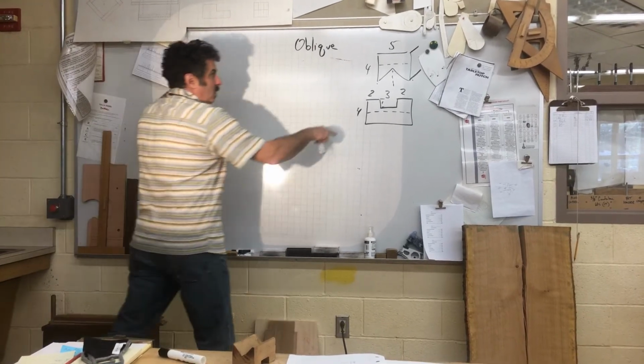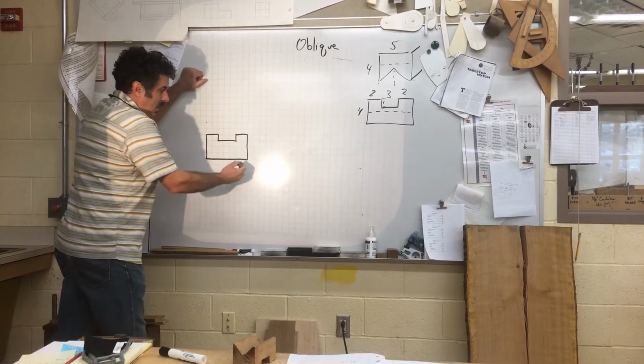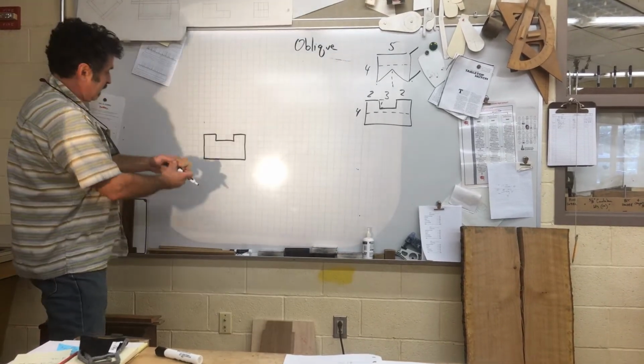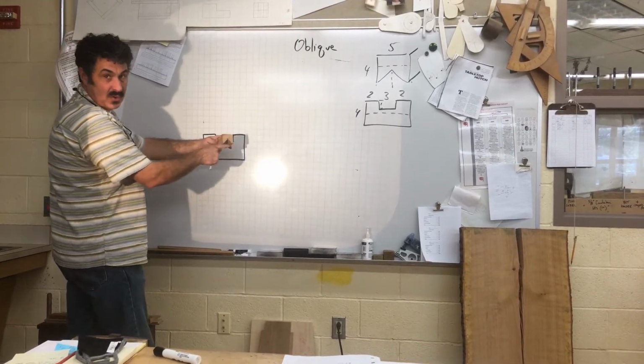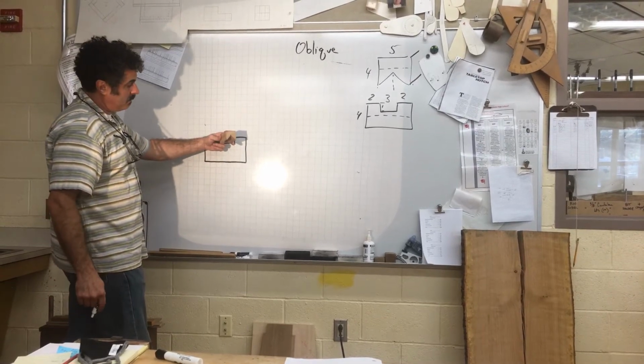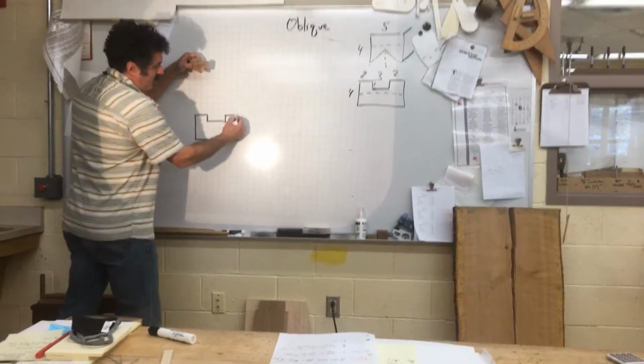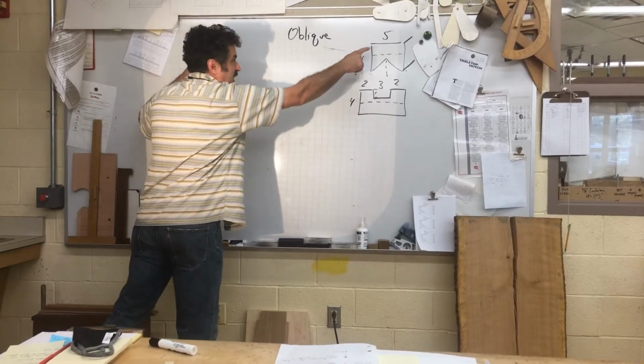From this corner, which is this corner here, I don't have the luxury of just going straight back, because if we look at this, I don't have a line that goes across. This corner here, I do. So from here, I'm going to go over 5 blocks.